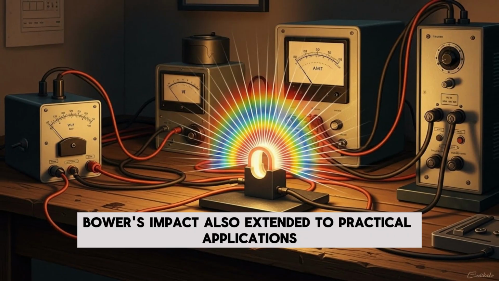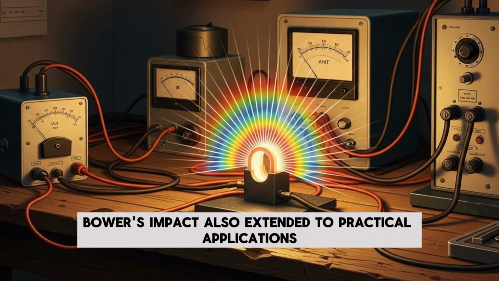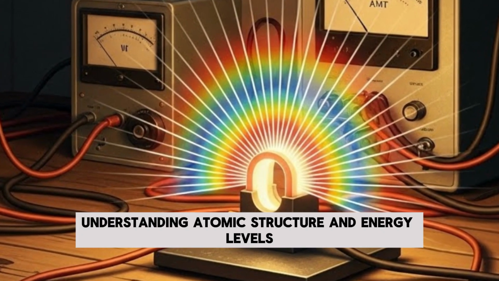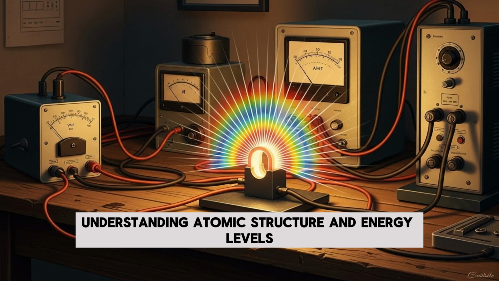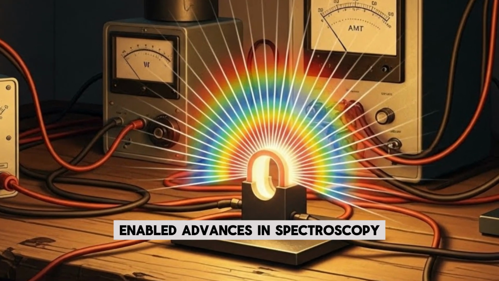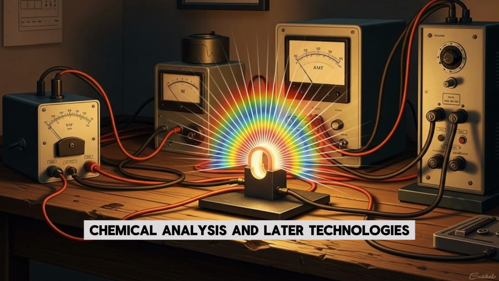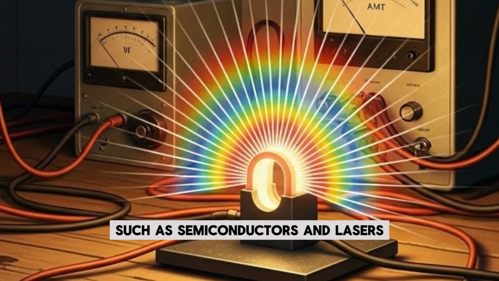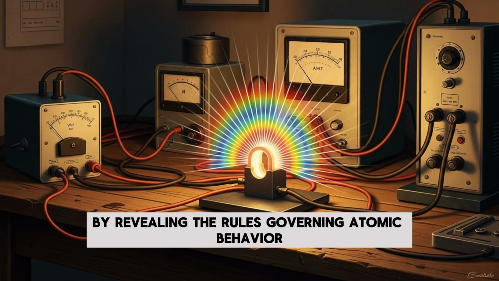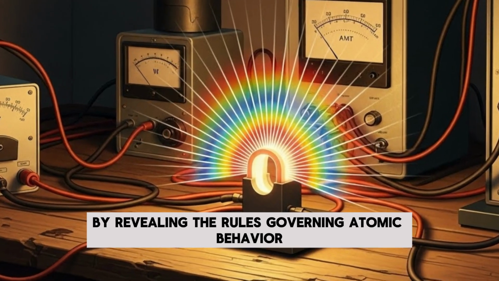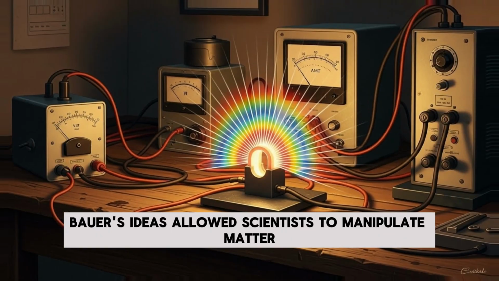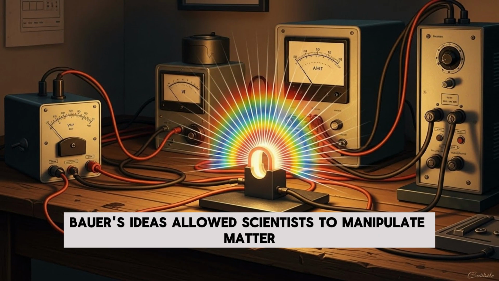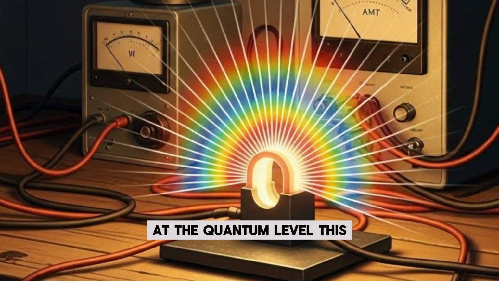Bohr's impact also extended to practical applications. Understanding atomic structure and energy levels enabled advances in spectroscopy, chemical analysis, and later technologies such as semiconductors and lasers. By revealing the rules governing atomic behavior, Bohr's ideas allowed scientists to manipulate matter at the quantum level.